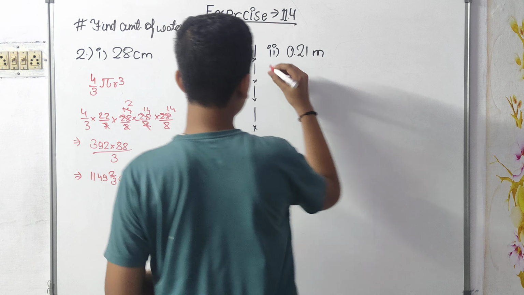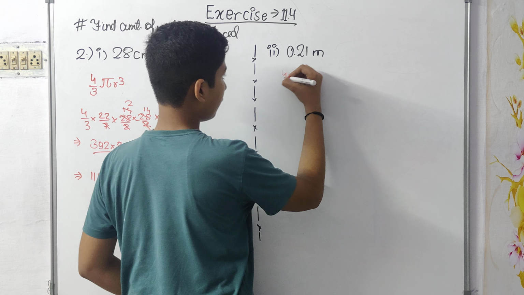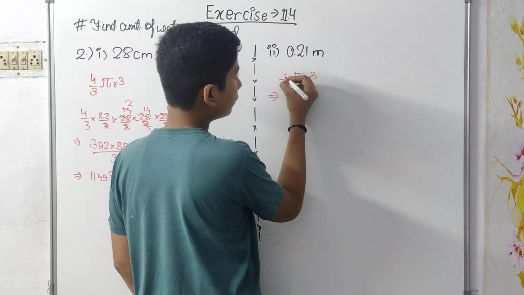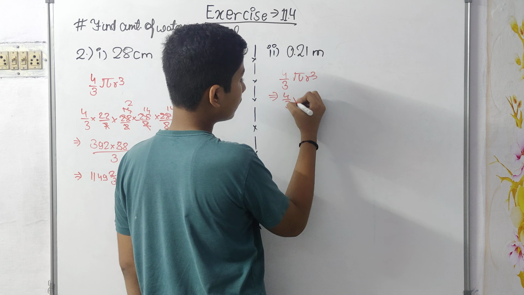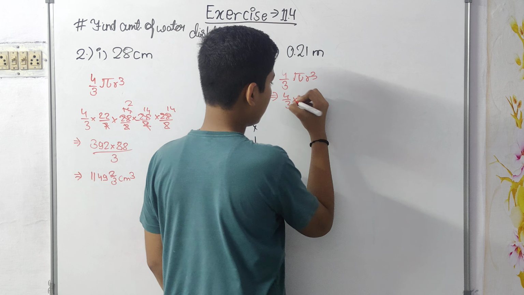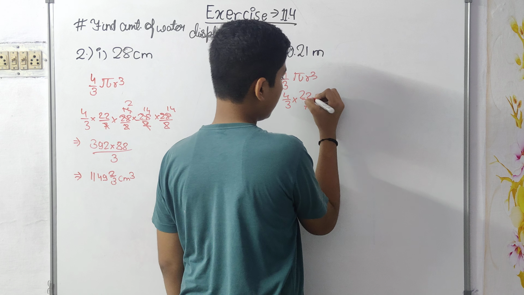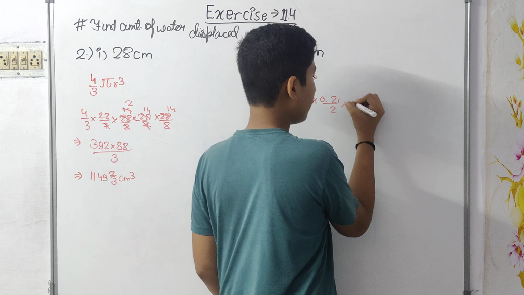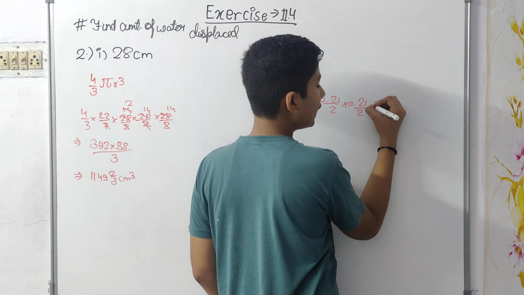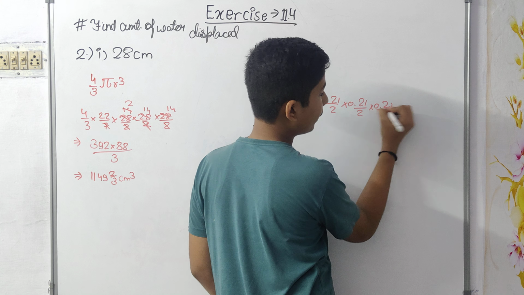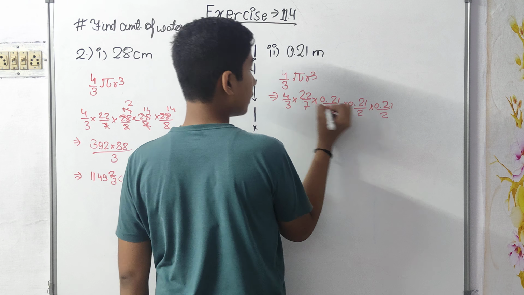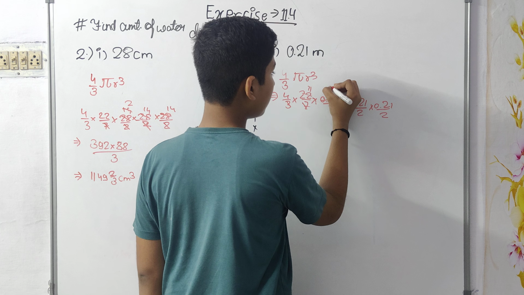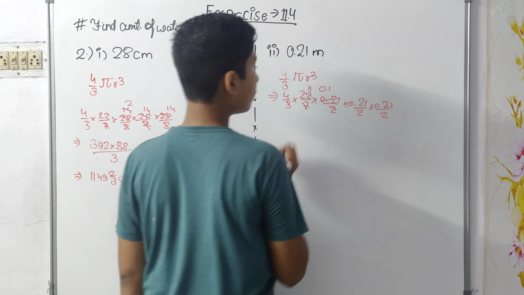Okay, now again 4 upon 3 pi r cube. So 4 upon 3 into 22 by 7 into 0.21 by 2 into 0.21 by 2 into 0.21 by 2. Okay, this 2 cancels, 11 times. 7 3s are 21, 0.1.